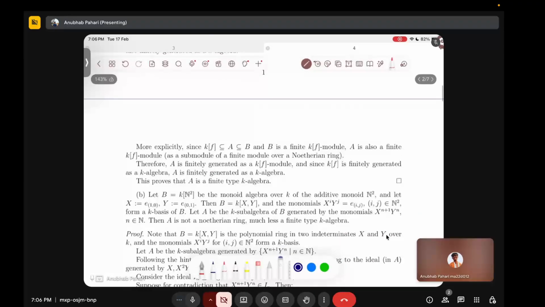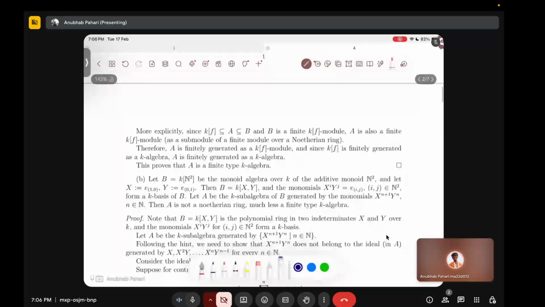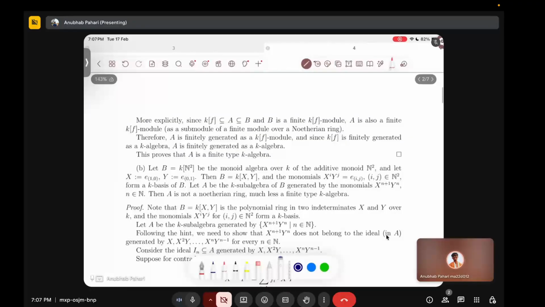Now, since K belongs to A and A belongs to B, B is a finite K[f]-module and A is also a finite K[f]-module, and you know that this is true as a submodule of a finite module over a Noetherian ring is Noetherian. Therefore, A is finitely generated as a K[f]-module, and since K[f] is finitely generated as a K-algebra, A is finitely generated as a K-algebra. So this proves that A is a finite type K-algebra.